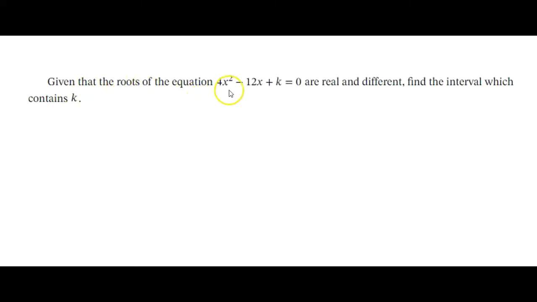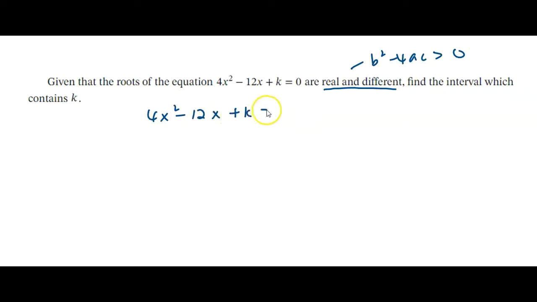Given that the roots of the equation are real and different, find the interval which contains k. So when the roots of the quadratic equation are real and different, we must think of b squared minus 4ac greater than 0. So for the equation 4x squared minus 12x plus k equals 0, this is already in the general form of a quadratic equation.